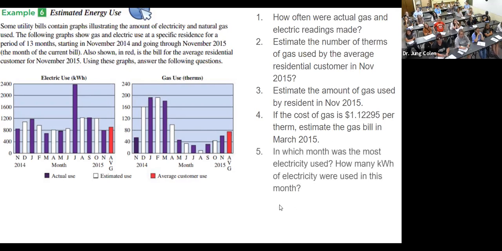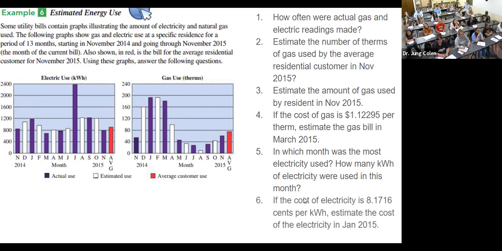How about this one? In which month was the most electricity used? July, why? It's hot. You need the air conditioner. Okay. How about this? If the cost of electricity is 8.1716 cents per kilowatt-hour, estimate the cost of electricity in January 2015. Where's January 2015? This one? Okay, that's January 2015. What would you say about electricity use?